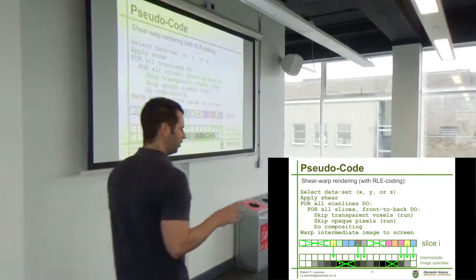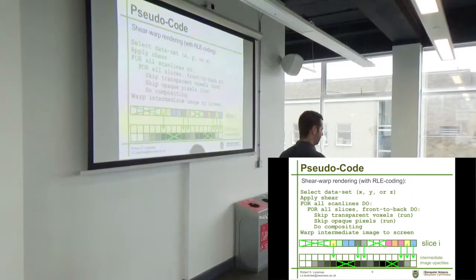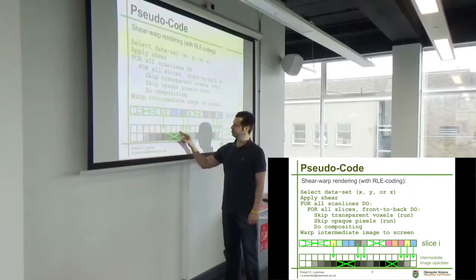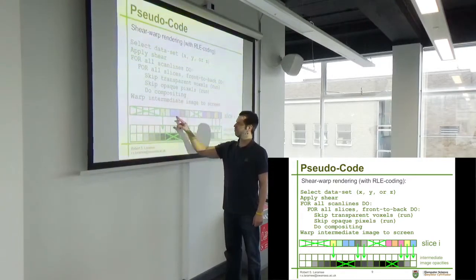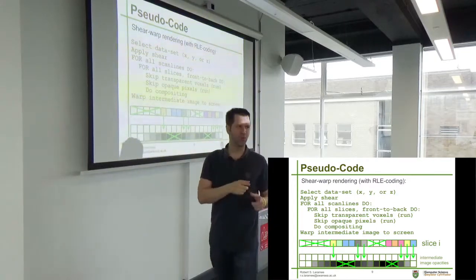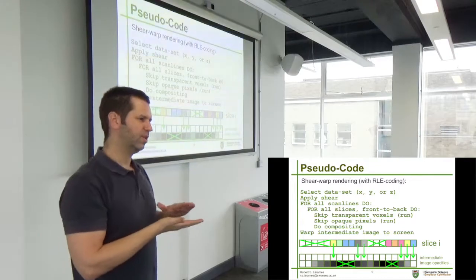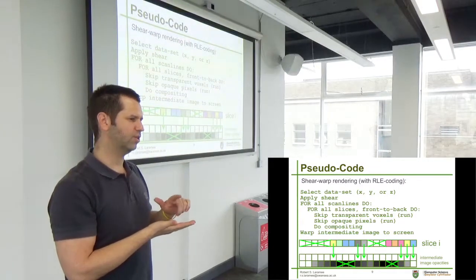And now, hopefully you can make that connection between what we're talking about here, skipping these pixels, and therefore not sampling these voxels, and that 1-to-1 pixel to voxel ratio. So that shear step sets up the 1-to-1 ratio.